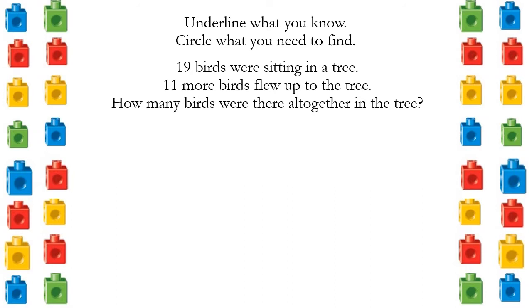Okay, we have a lot of words there, right? Well, let's underline what we know. We know that there were 19 birds in a tree, and we know that 11 more birds flew up to the tree. How many birds were there altogether in the tree? And that's what we need to find. That's our question.